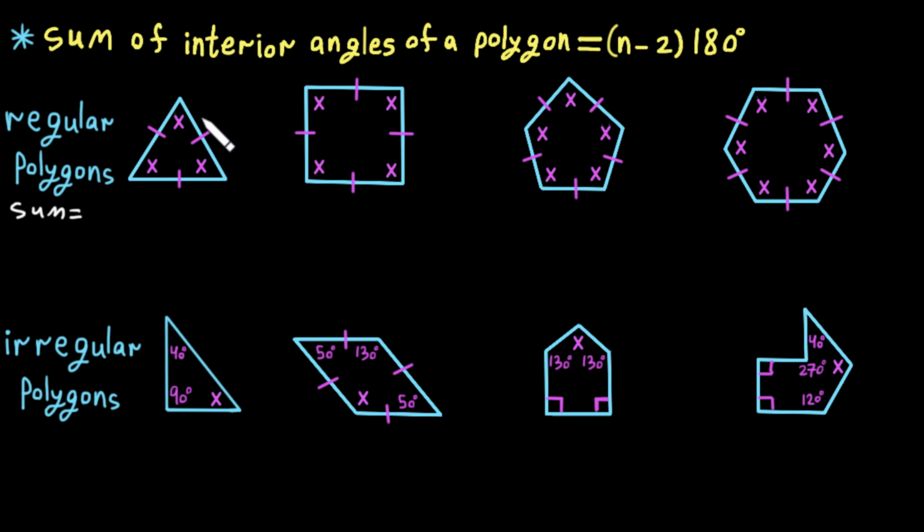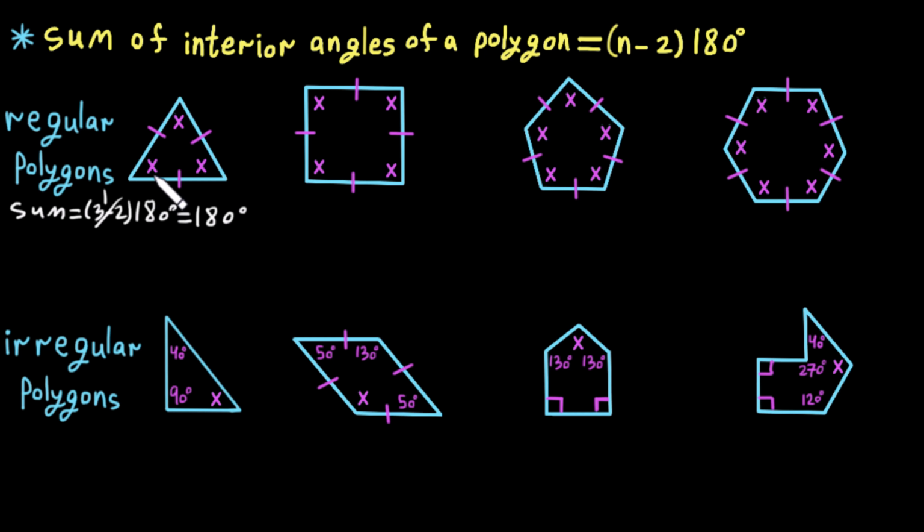Since here we have three sides, we have to substitute n equal 3. So 3 minus 2 multiplied by 180 degrees, and 3 minus 2 equals 1. So 1 multiplied by 180 degrees will be 180 degrees.